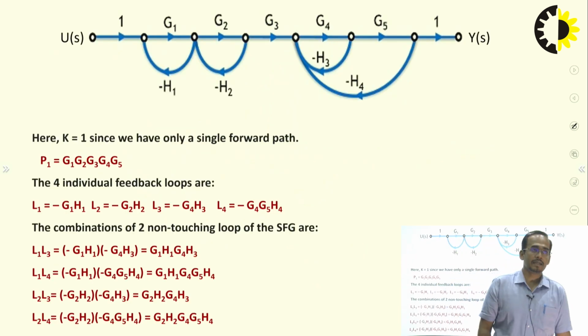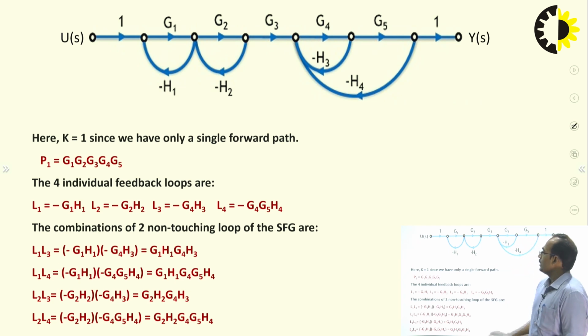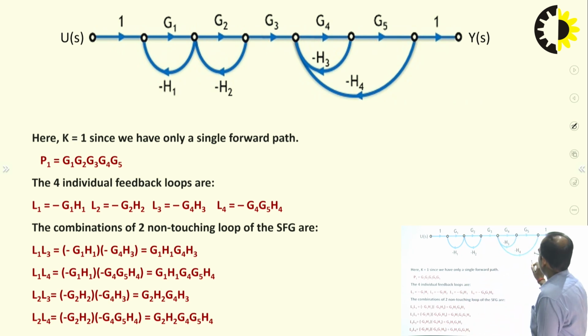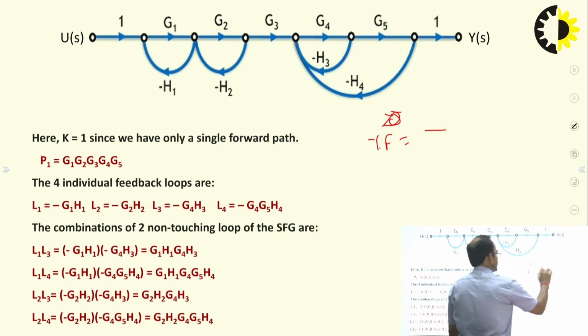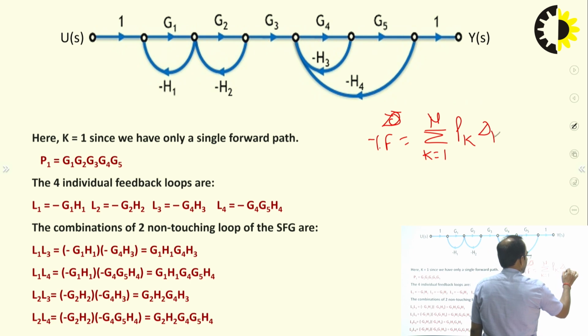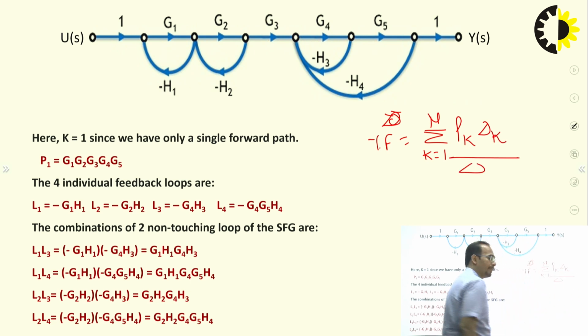Let us take another example and we will find the transfer function of this signal flow graph. So first of all you should know what Mason's gain formula is. Mason's gain formula is: transfer function or overall gain is equal to summation of k equals 1 to n, Tk delta k upon delta.